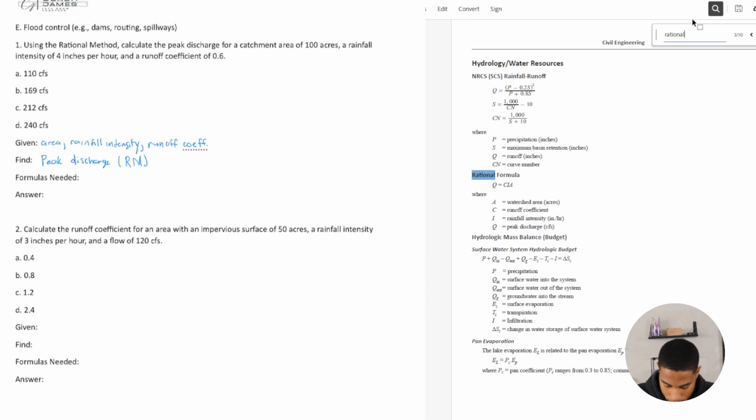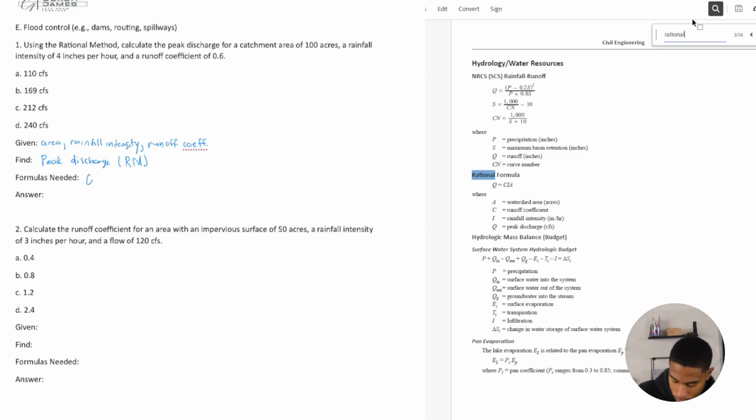And then C is my runoff coefficient. I'm given that. Perfect. Do I have I? Rainfall intensity in inches per hour. I'm given the rainfall intensity in inches per hour. And do I have A? Watershed catchment area in acres. So yes. All right. So I have everything that I need.